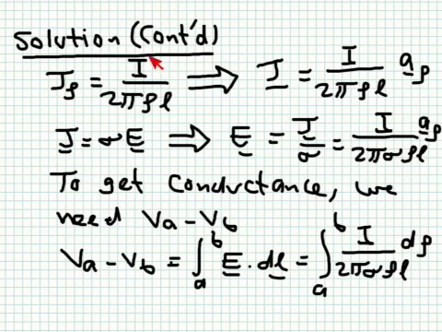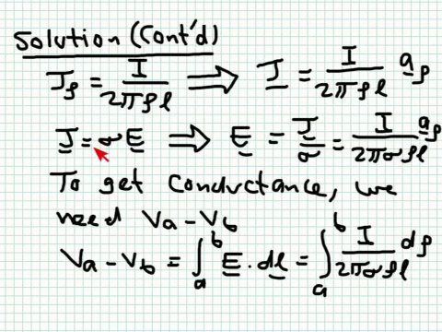We first define the current I, which I assumed is flowing. I don't need its value; I just assume the current I. Then for any radius ρ, the current density is I over 2πρL. I assume the conductor has a length of L, and ρ is the radius. So J is in the ρ direction, and if I know the conduction current density J, I know the electric field, because they are related through the conductivity of the insulator.